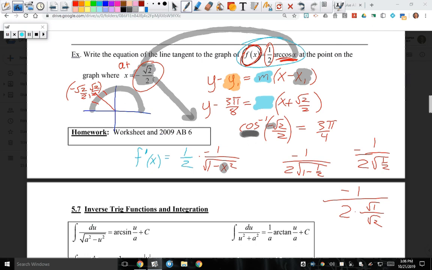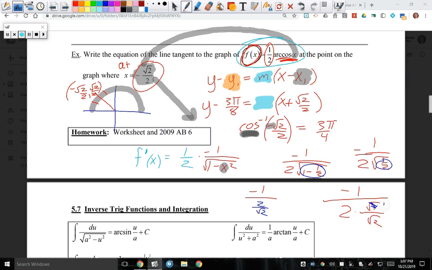Let me make sure that we're doing this correctly. 1/2, yep. So this becomes negative 1 over 1 over root 2. And what's the square root of 1? 1.